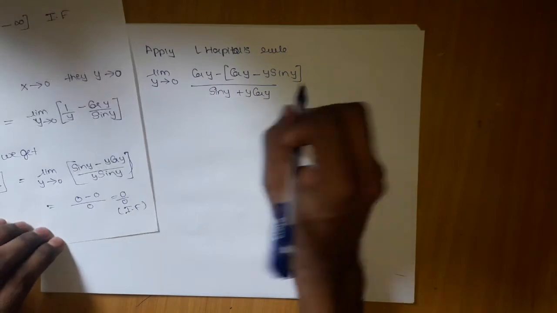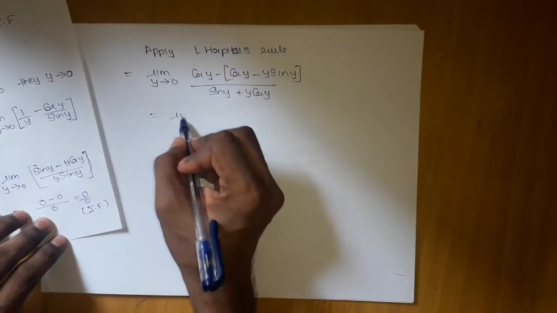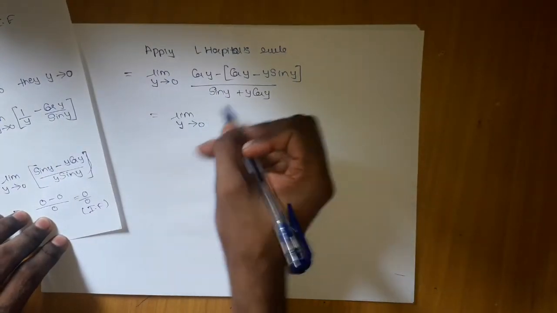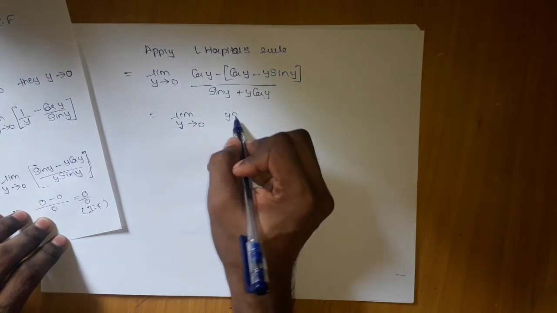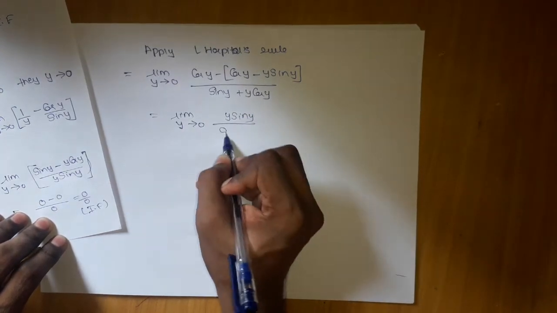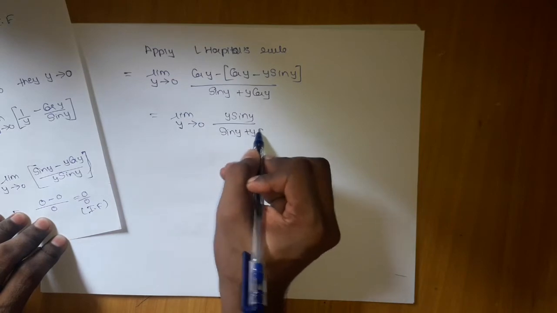If I simplify it, cos y cancels out. This will become y sin y by sin y plus y cos y.